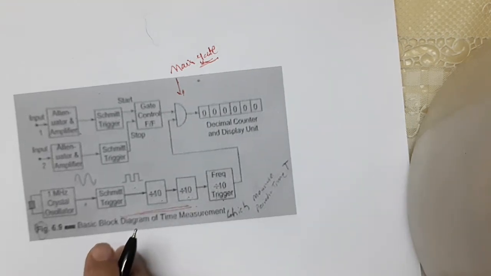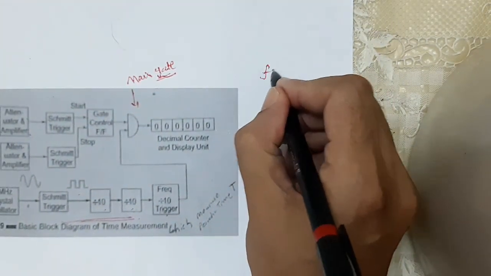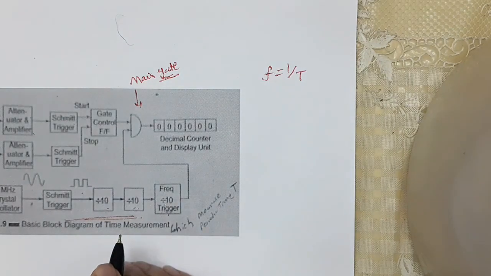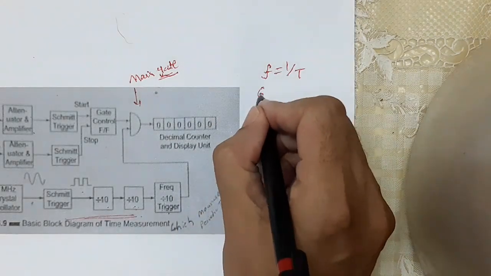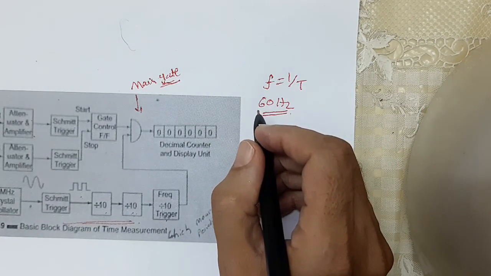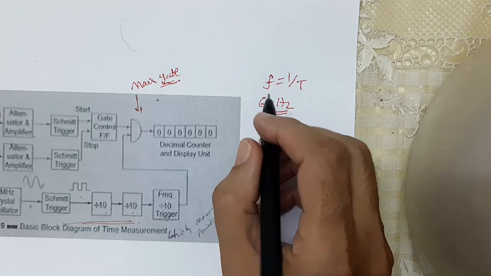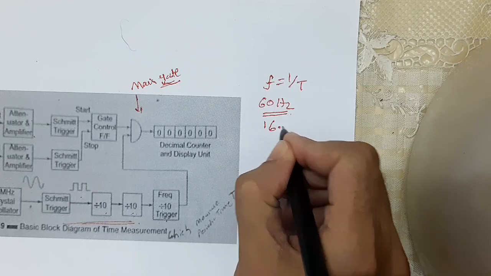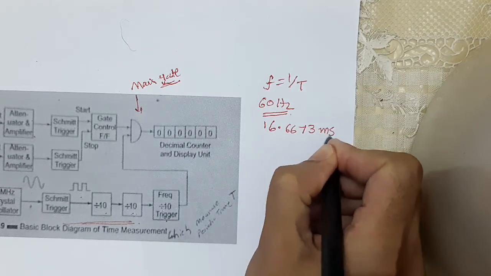The only disadvantage is that for measuring the frequency in the low frequency range, the operator has to calculate the frequency from the time base by using the equation f is equal to 1 upon T. For example, when measuring the period of a 60 Hertz frequency, the electronic counter might display 16.6673 millisecond.